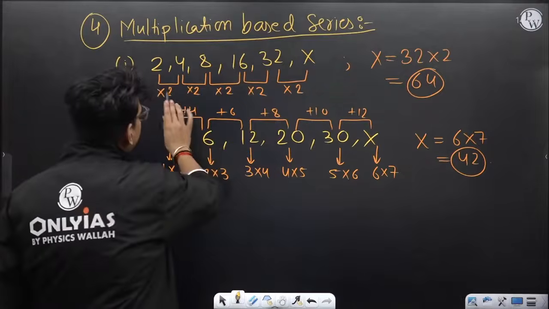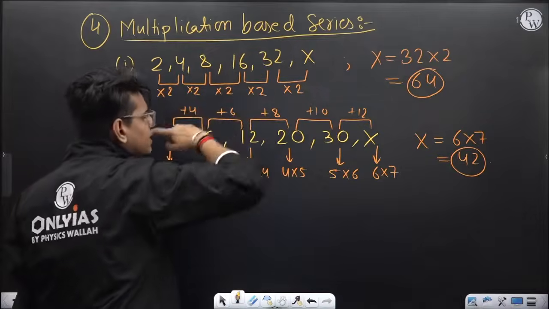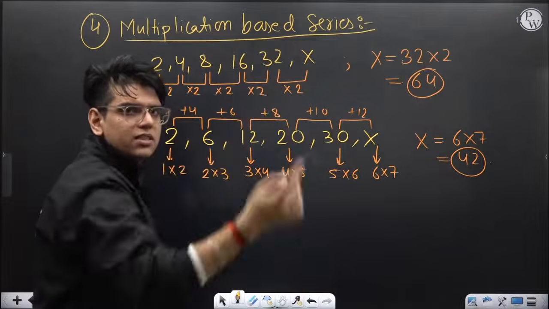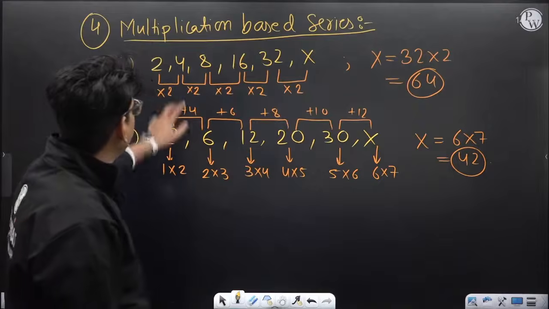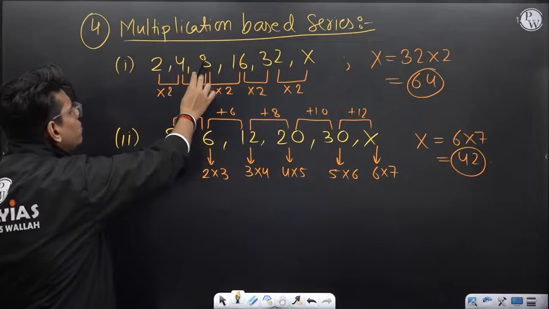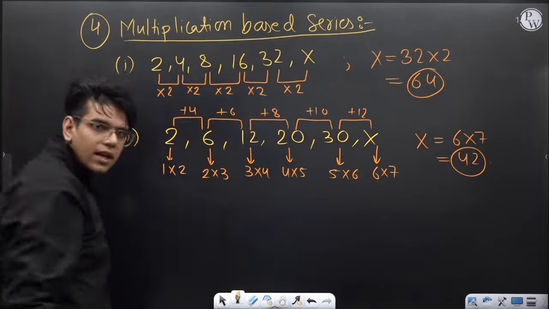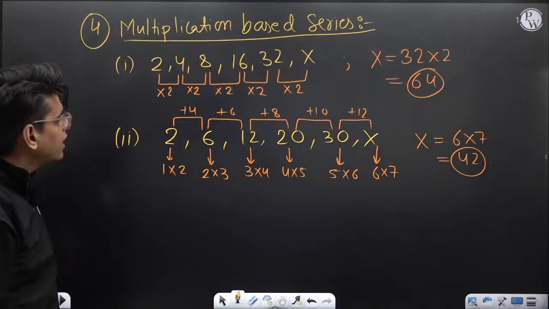See, the difference is not constant. Here it is 2, 4, then 8, then 16. So the multiplication is continuously increasing. This can also be considered as 2 to the power 1, 2 to the power 2, 2 to the power 3, 2 to the power 4, 2 to the power 5 and 2 to the power 6. From both the methods you will get the same series.